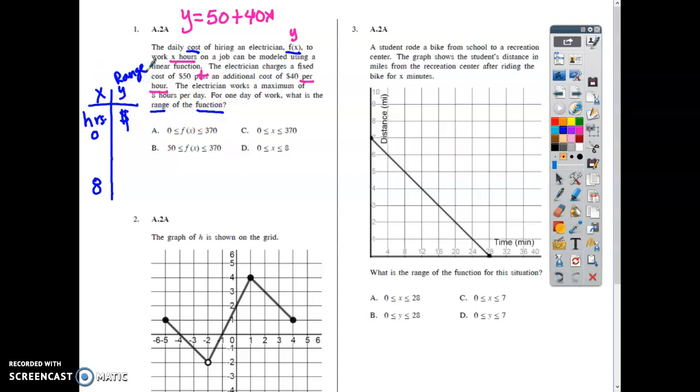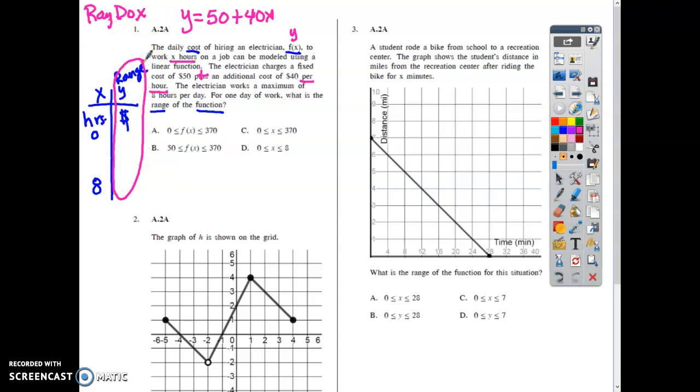Okay? It's also on the word wall. You should know which one it is. It's the Radox. Okay, range are the y's, domain are the x's. So range is the y, so we're looking at this side only.